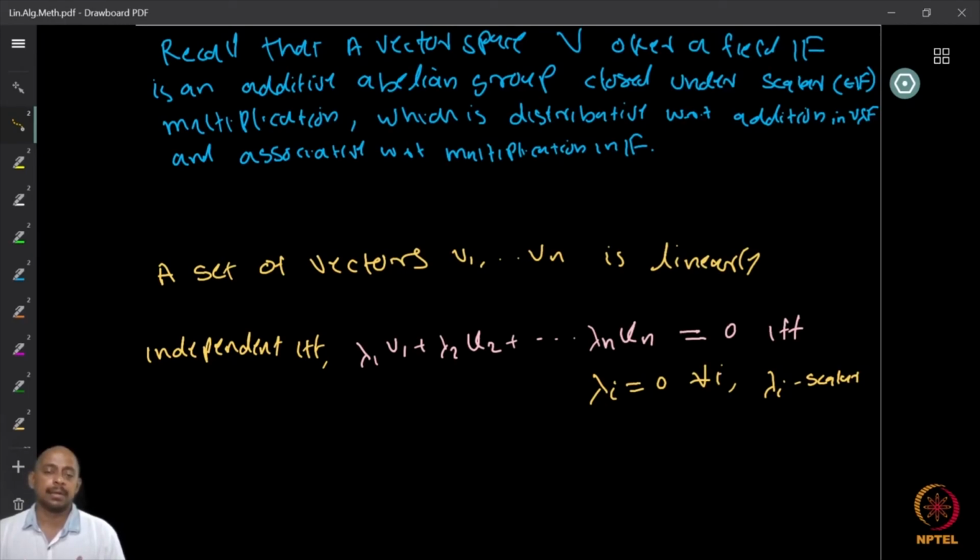All these examples you must have seen. And then the scalars are elements from a field like real numbers, rational numbers, or other fields like F2, finite fields, Fp for any prime p. All these are examples of vector spaces.